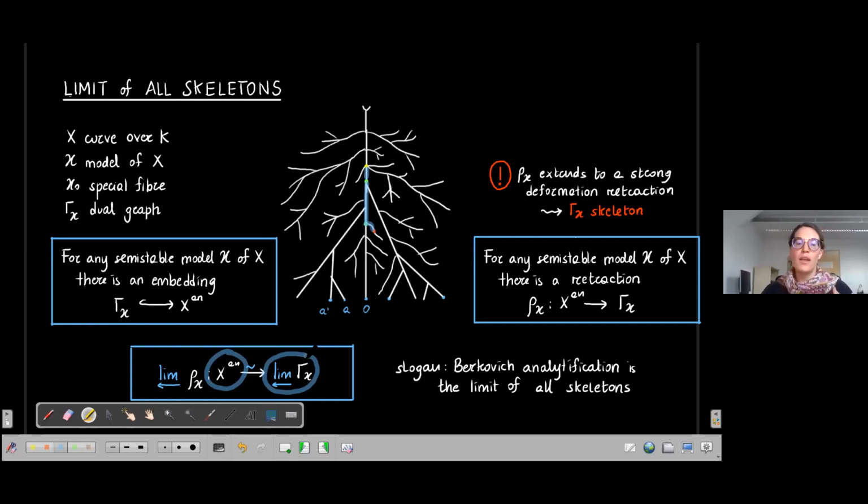One degenerates to a smooth elliptic curve, so this dual graph is just a point, while the other one can degenerate to a chain of rational curves, so the dual graph will be a circle, right? So in one case, your Berkovich space will be just contractible. In the other case, there will be an S^1 inside your Berkovich space. So this is a property that you can read from the Berkovich space, and it will give you information about the elliptic curve.